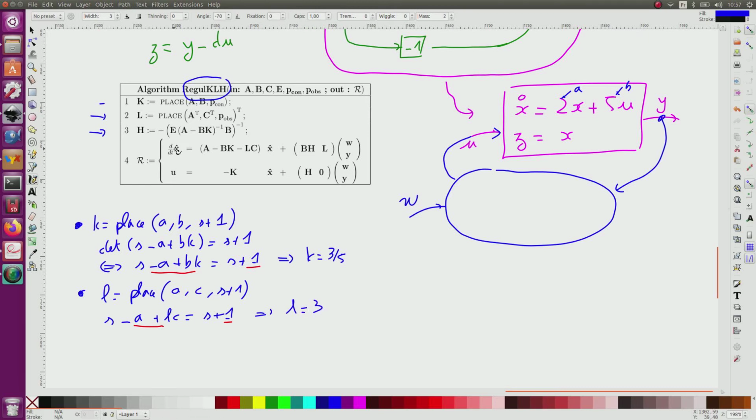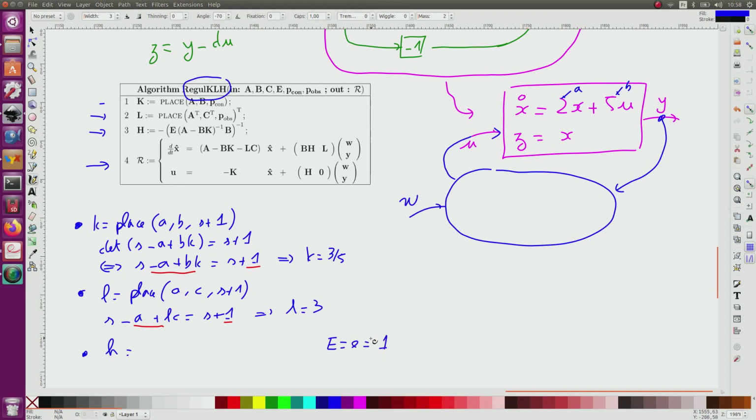As a consequence, the controller is given by this. So I write it here that the controller, I have to compute H before. So H is given by this, and since I want to control, I want Y to be equal to W, and since C is equal to 1, I will take E, which is equal to small e because it is a scalar.